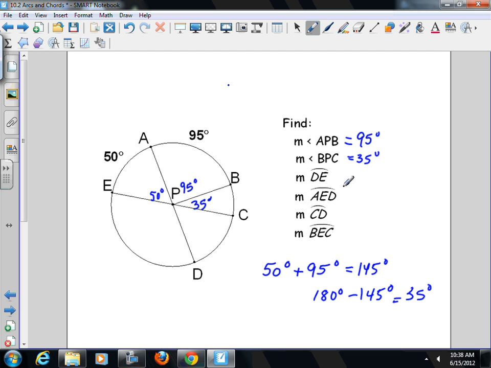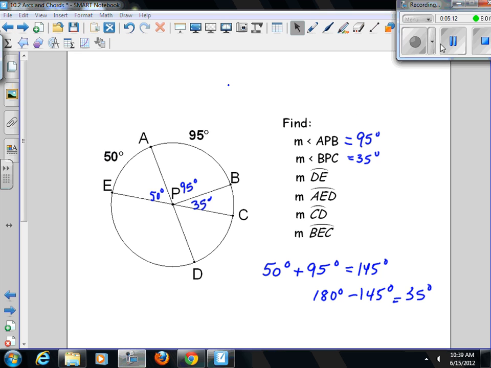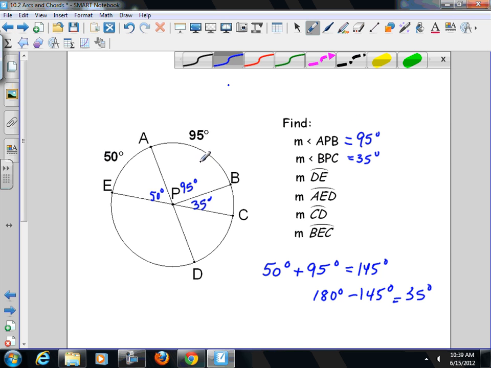Now, we want to find the measure of arc DE. Well, the measure of arc DE, it's a minor arc, it's going to be the same as the measure of its central angle DPE. Well, let's look at this. Here we have a straight line that's being formed by this angle of 50 degrees and DPE.